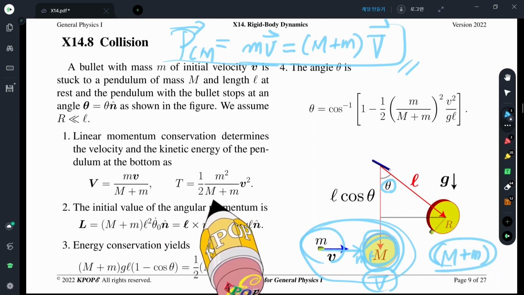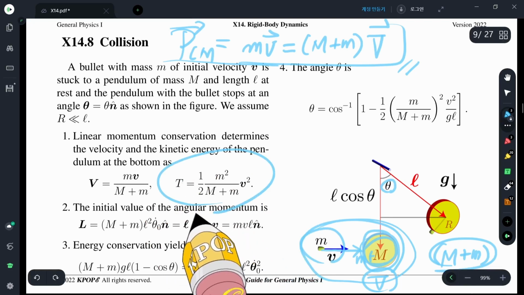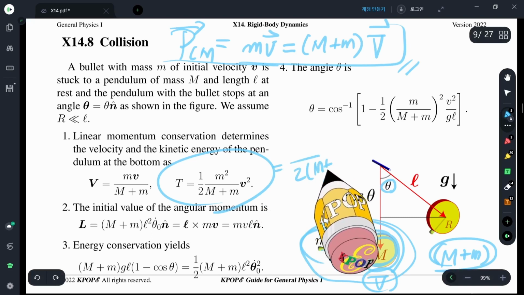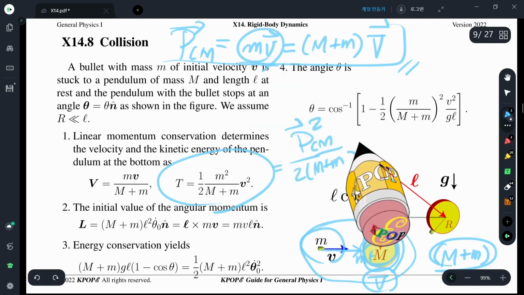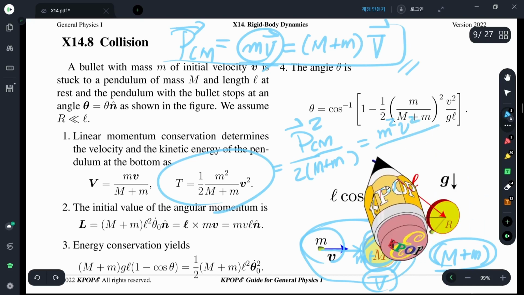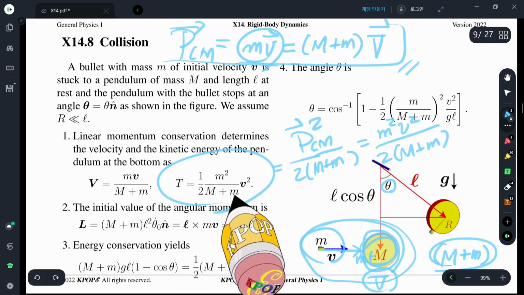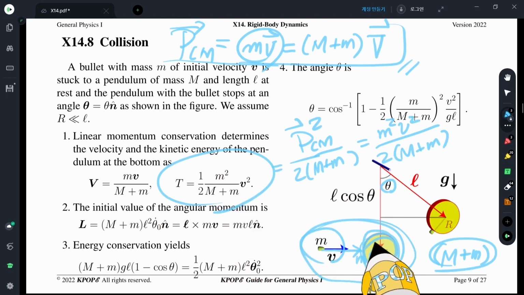First, we consider the total kinetic energy of the system, that is P_CM squared over 2 times (m plus M). And P_CM is just small m v. So m squared v squared over 2 times (m plus M). This is the initial kinetic energy. We can make use of the relation.